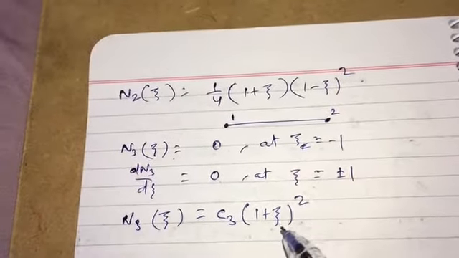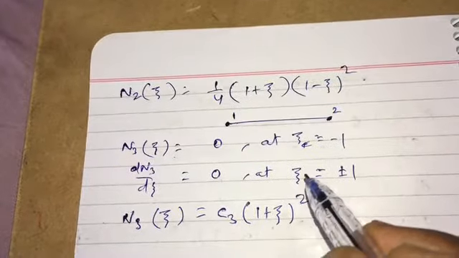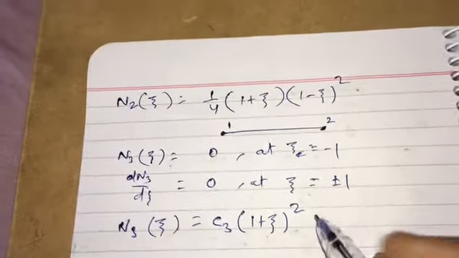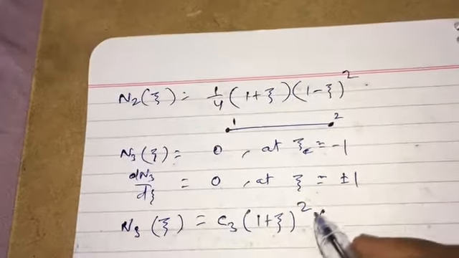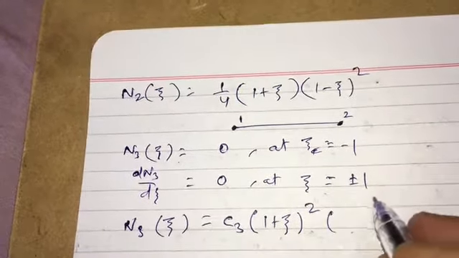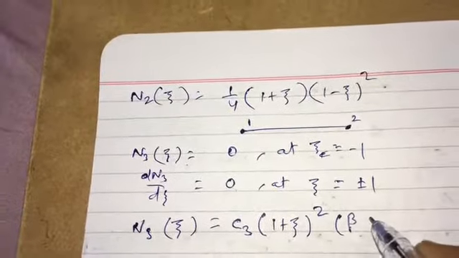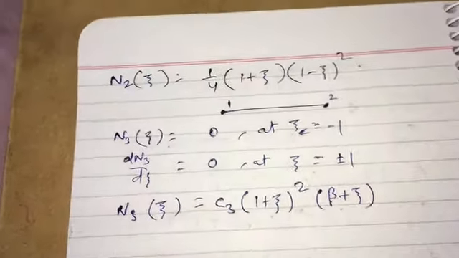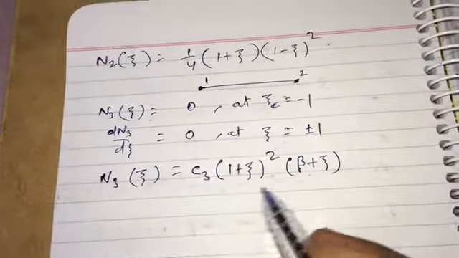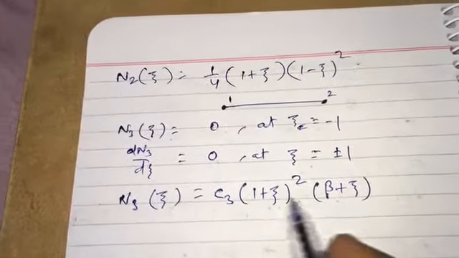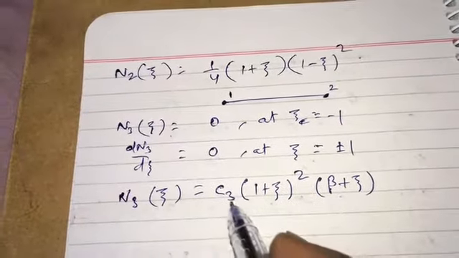Okay. Additionally, the slope should also be 0 at xi equal to plus 1. So, let us call this one some value beta plus xi. Okay. Again, this has to be cubic, so this is what we can write. So, we have to find out the value of C3 and beta.